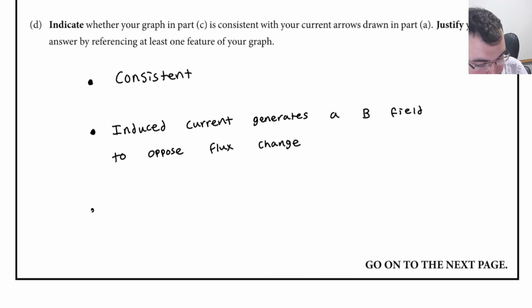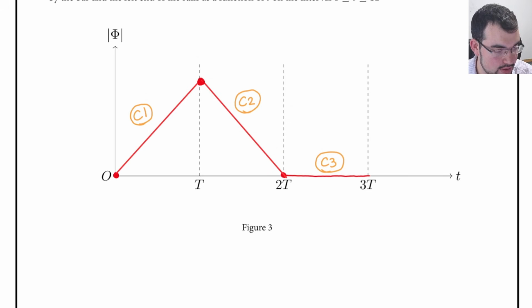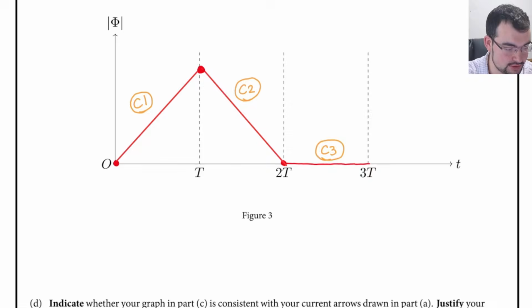So how do we know that our current directions are consistent with our graph? Well, notice it's about the flux change. So I have an increase in flux from 0 to t, and I have a decrease in flux from t to 2t.